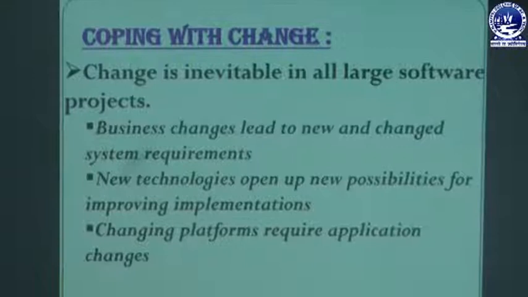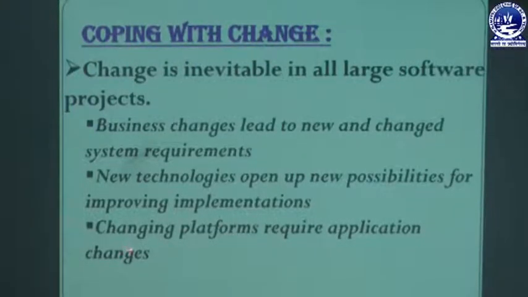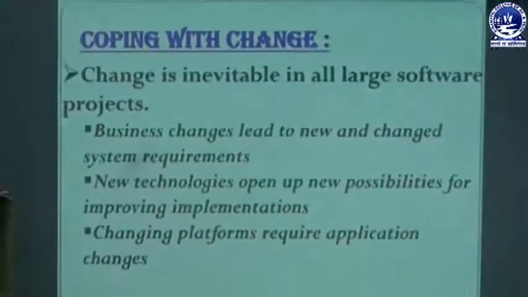The next is changing platforms require application changes. So what actually does that mean? In our last class, when we discussed reuse software engineering, we gave an example, so if you are not getting me, go back to the reuse software engineering video, watch it, then you can clearly understand.